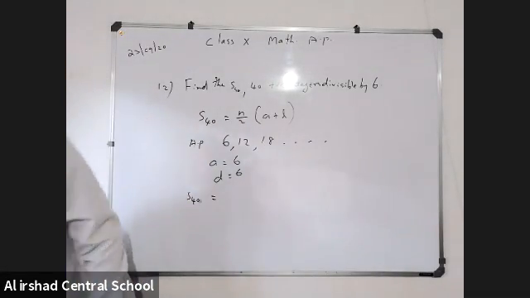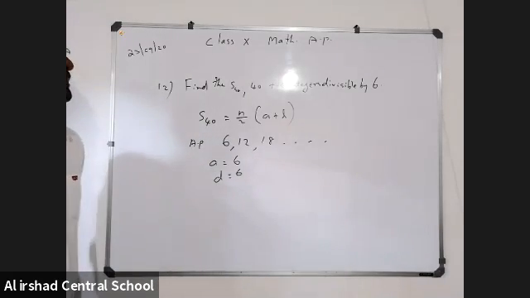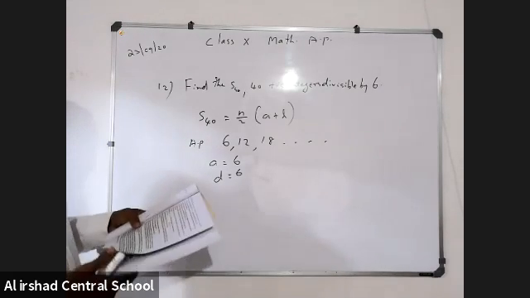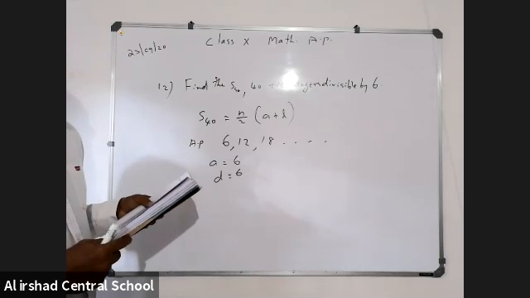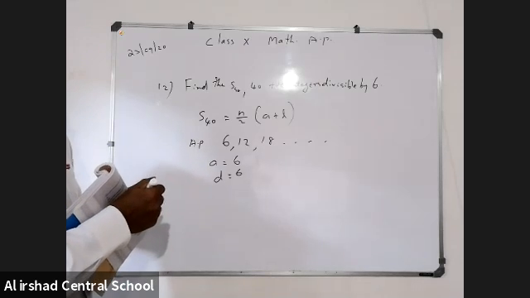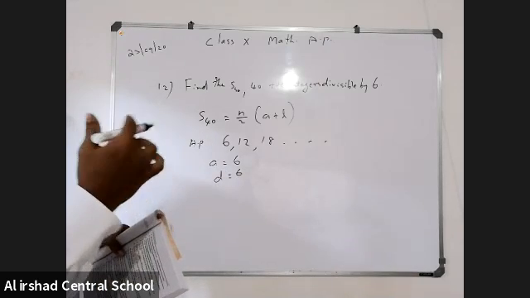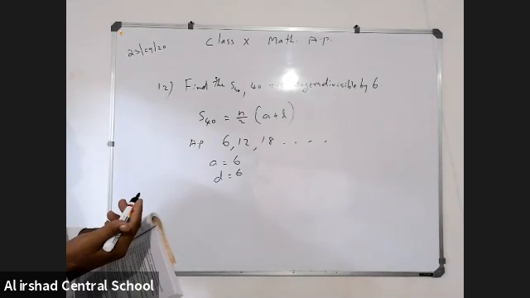I will check here. So what to do? 40 positive integers, don't confuse. Find the sum of the first 40 positive integers divisible by 6. Multiples of 6, 40 positive integers.